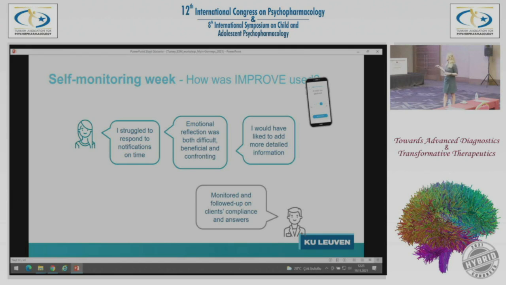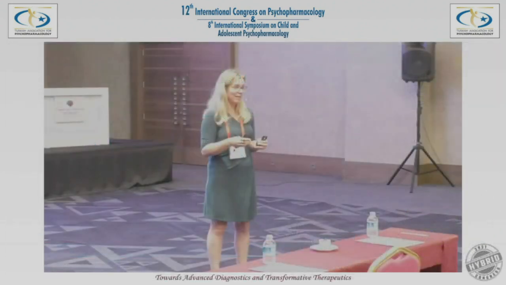And then some people said, I would have liked to add more detailed information. And that, of course, is again this balance between personalization and feasibility. Because you can allow people to have lots of open questions that they respond to, but then how on earth are you going to make sense of that and analyze that?